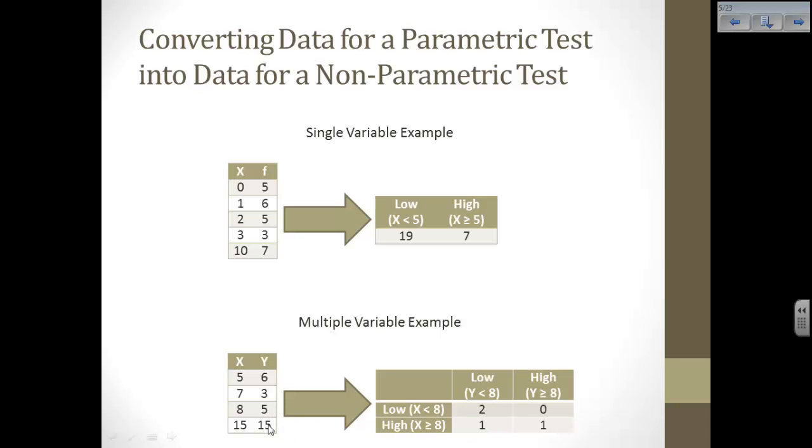This person has a value that's actually greater than 8 for Y, so they would be counted here. Whereas this person, high X, low Y, counted here. This person, high X, high Y, counted here. So I hope that helps you understand how you can take data that's initially designed for a parametric test, turn it into categories, and count how many people are in those categories. That's frequency-based data, now appropriate for a chi-square nonparametric test.